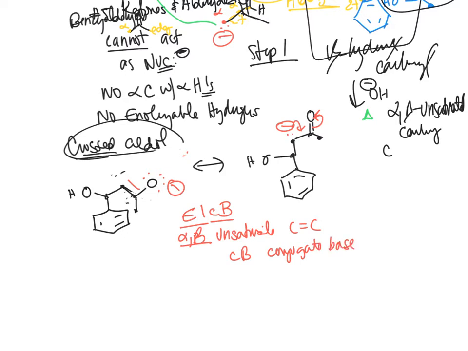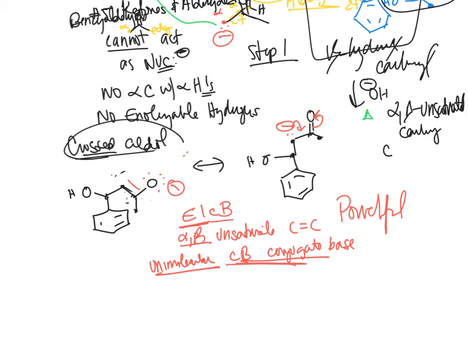This is an E1cb mechanism. And an E1cb is powerful. Okay, it will do it. It's an E1 elimination. So it just is unimolecular. So it can do it with itself. It doesn't take two molecules coming together. It's going to happen within the same molecule.